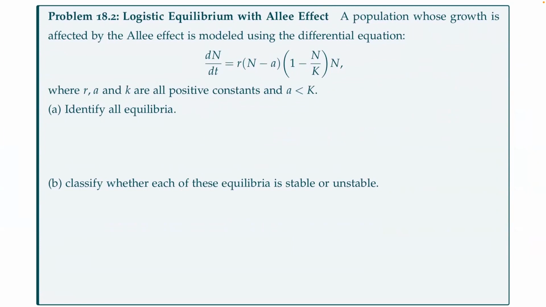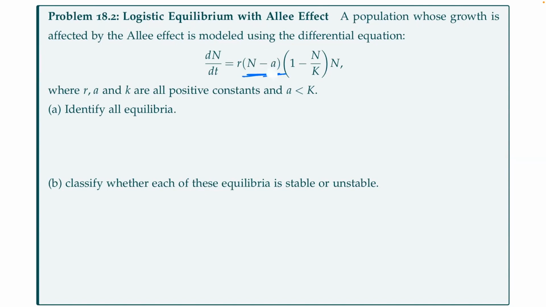So these Allee effects are typically modeled by modifying this term here. So this A is determining our Allee effect here. If we got rid of this n minus A term here, then we just have our logistic growth model. And so it's this n minus A term here that is causing our Allee effect.